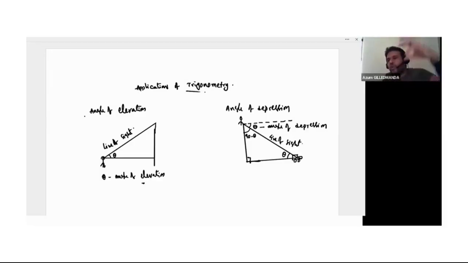Similarly, when you are at the top of an object and looking down at something, the line joining your eyesight and that object is your line of sight, and the angle it makes with the horizontal is your angle of depression. If you remember these principles, we can see how to solve the problems. One hint: the angle of depression and this angle are the same. Based on that, we can solve the problems.